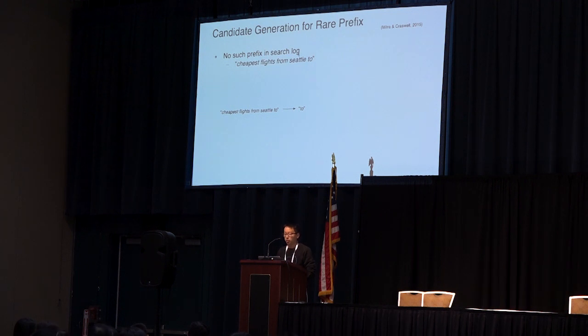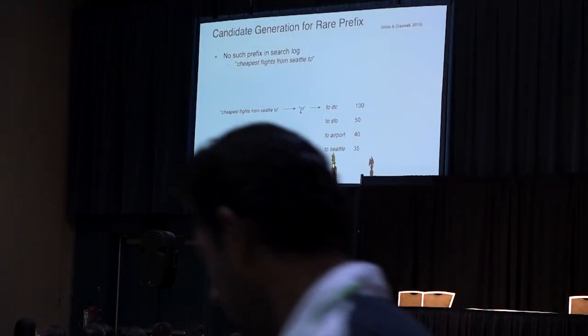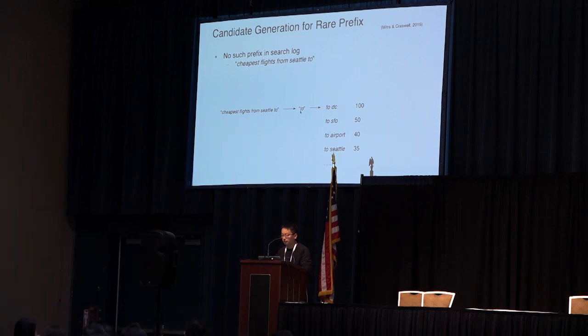So what you can do is remove the previous words and only start to complete from the "to". One issue with this approach is that there may be very few queries that start with "to".